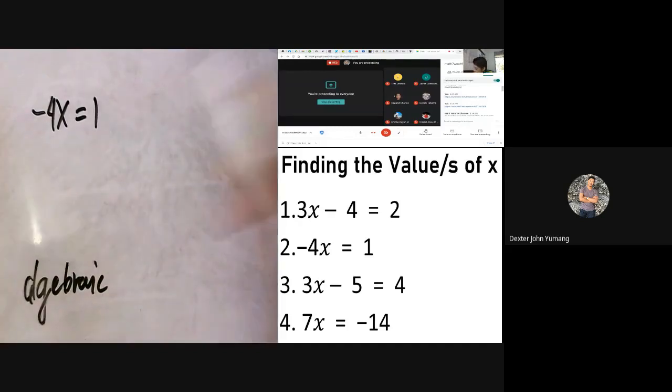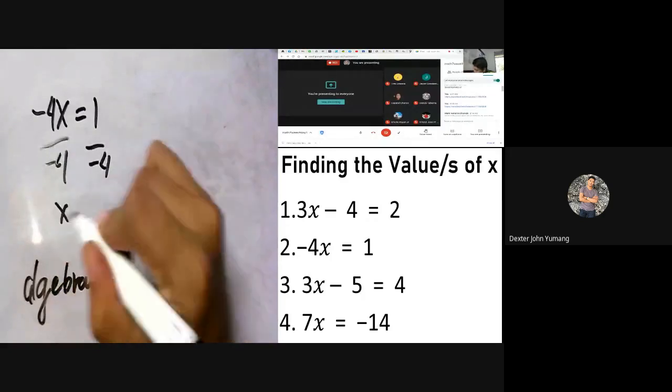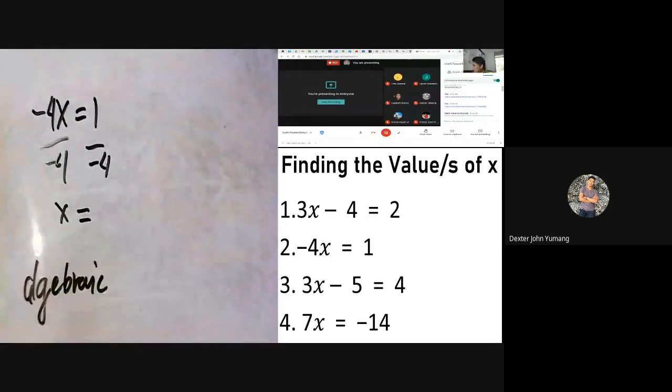Just type on the chat box. So, kung i-divide nyo siya sa negative 4, negative 4 din dyan, x will be equal to what? Please type your answer in the chat box, please. Yes, 1 over negative 4, sabi daw po ni Cristo.